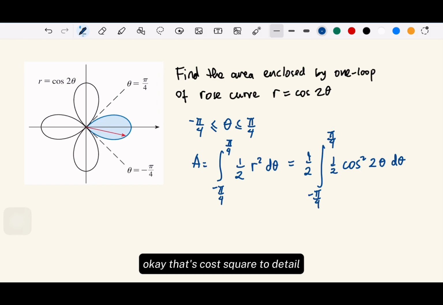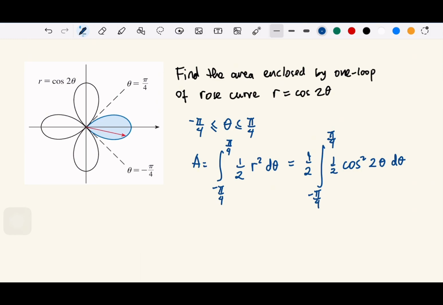Now we have cosine squared 2 theta. Now how to solve this?